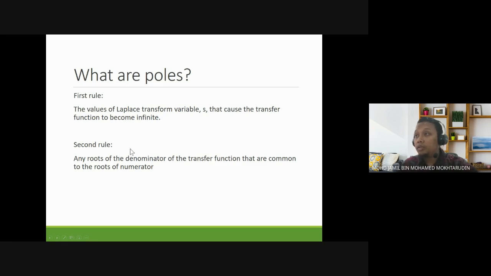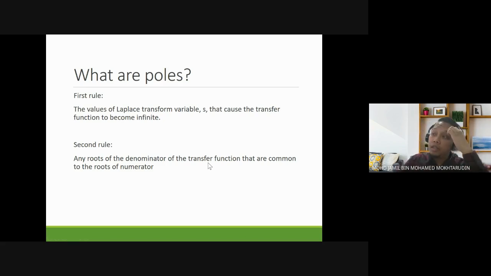The second rule is that the poles are any roots (punca) of the denominator of the transfer function that are common to the roots of the numerator. So basically, poles are also the roots of the denominator of the transfer function, or dia punya pembawah.